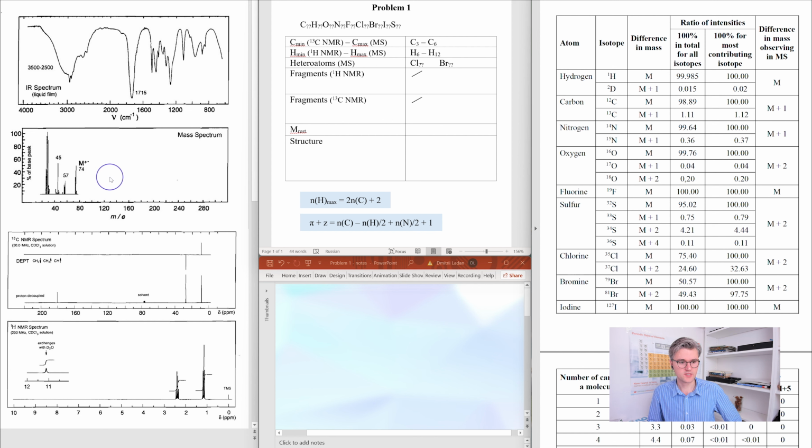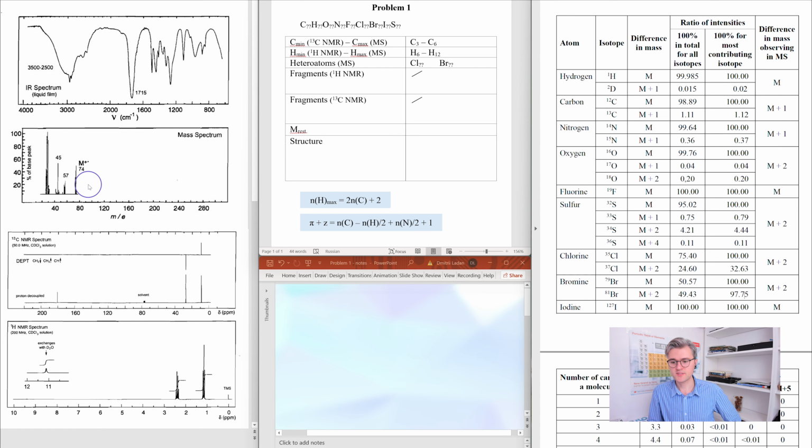Let's take a look at the mass spectrum. In case we have chlorine, we would see 2 molecular ions with masses 74 and 76, because the difference between these 2 isotopes of chlorine is 2 gram per mole, so mass plus 2.